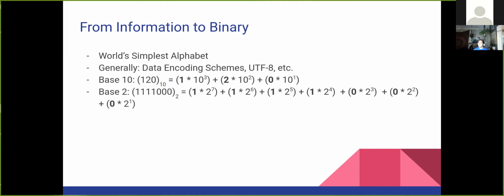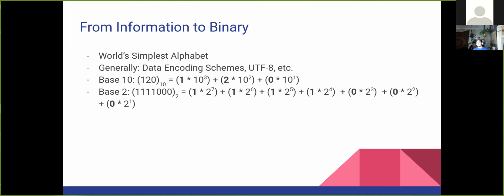And if we were to take that same number and move it over to binary, this is what it would look like: 1 1 1 1 0 0 0. The reason is that we break it down in very much the same way, except instead of the base of the exponential term being 10, it's 2.